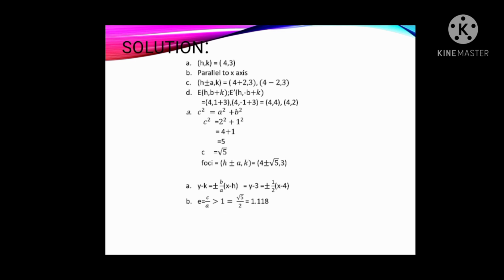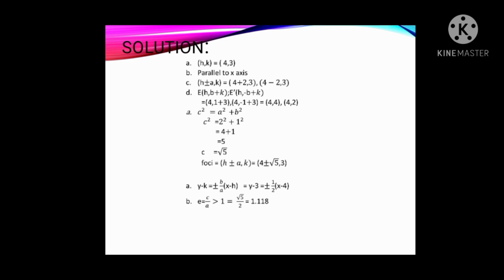So our D is the endpoints of the conjugate axis: h, comma k plus b, and h, comma k minus b. So 4, comma 1 plus 3, and 4, comma negative 1 plus 3, which is 4, comma 4 and 4, comma 2. Then E is our foci. c squared is equal to a squared plus b squared.